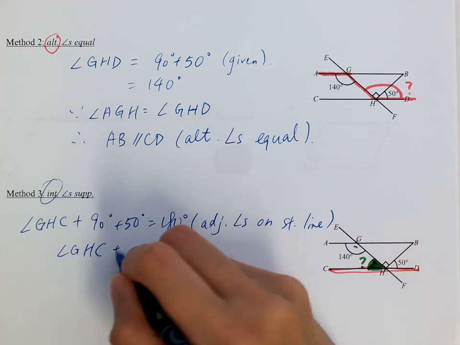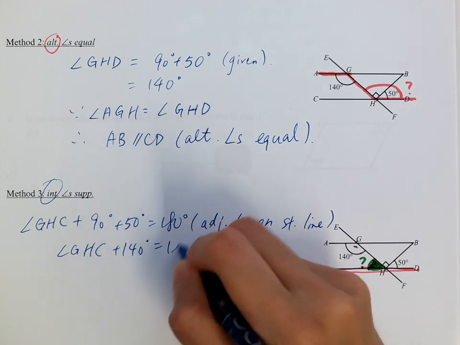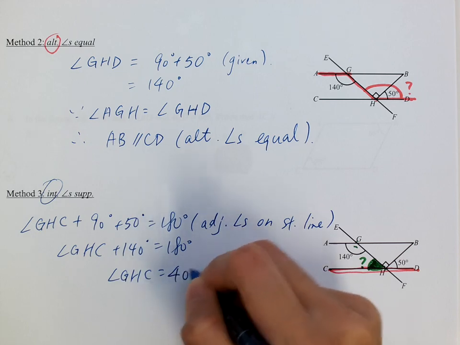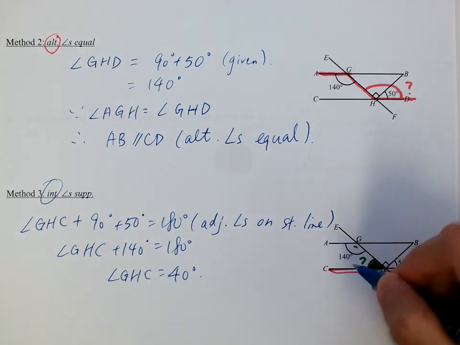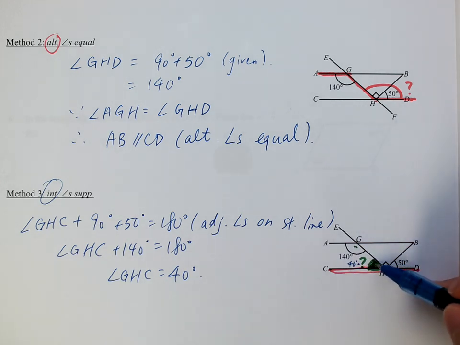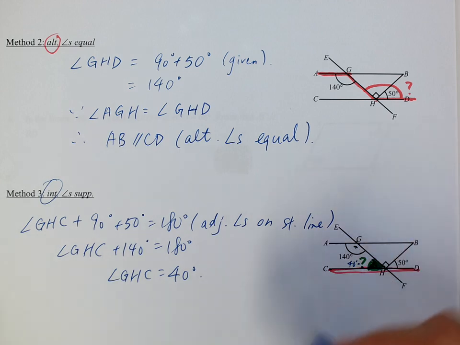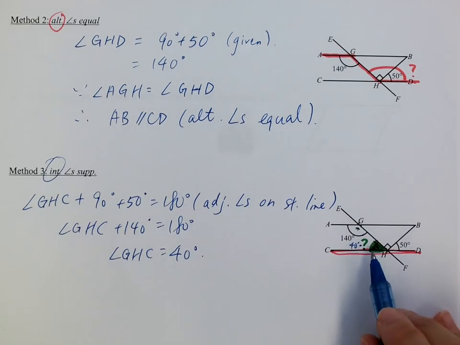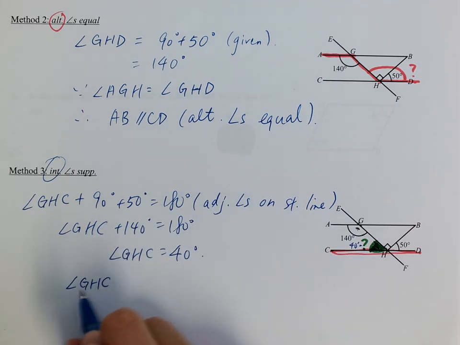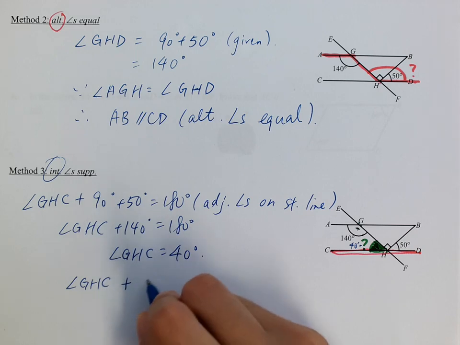And then we can find out GHC is 40. Okay, this is 40. This, together with this angle, is one pair of interior angles. Let's check what will be the sum. GHC, please use the name of it but not the number.